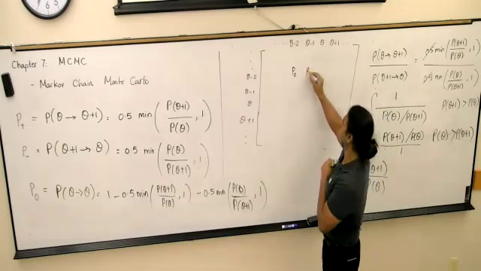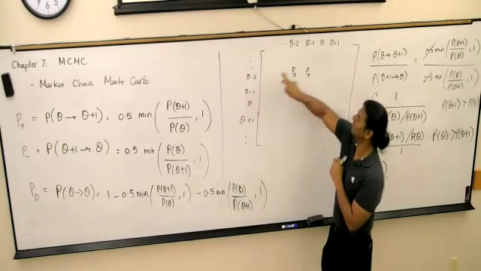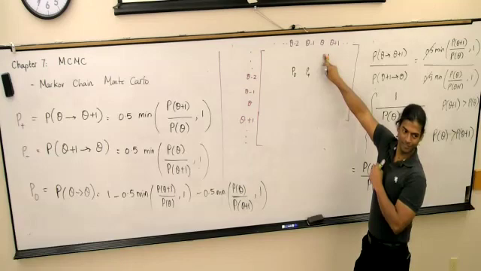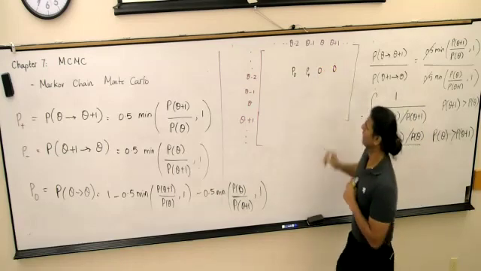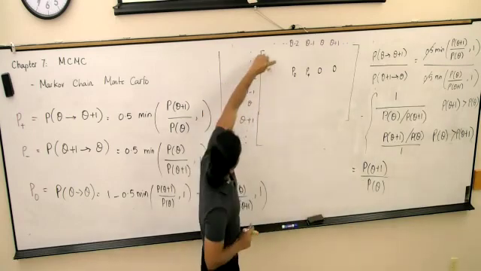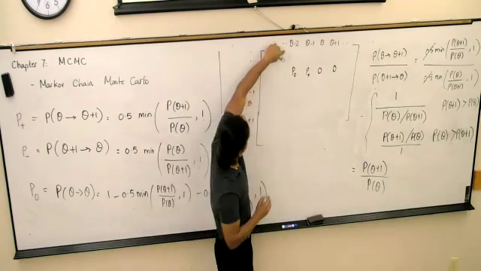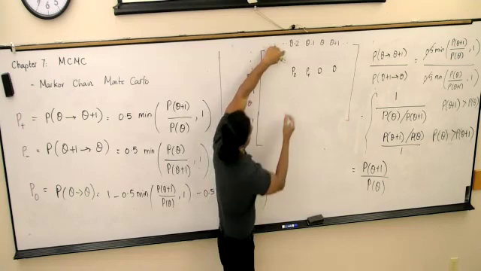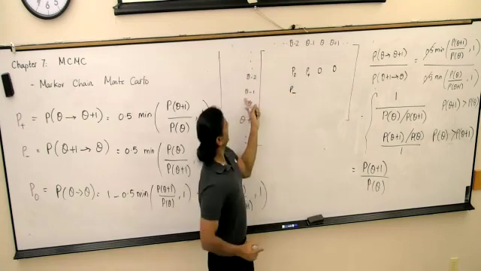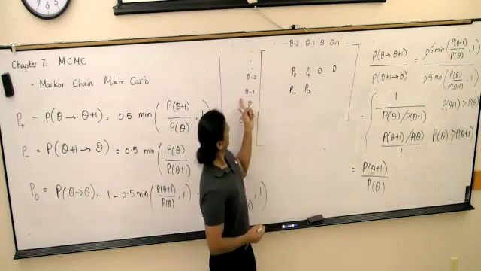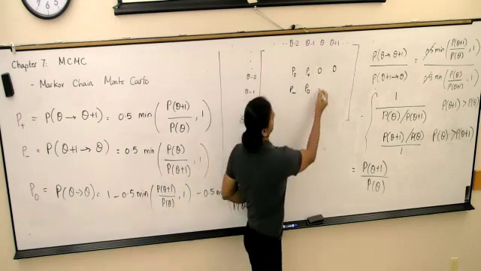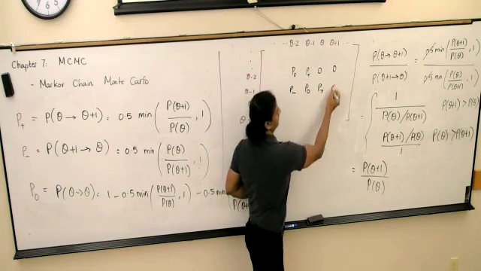P plus. Theta minus 2 to theta 0? Zero. Theta minus 1 to theta minus 2? P minus. Theta minus 1 to theta minus 1? P0. Theta minus 1 to theta, P plus.